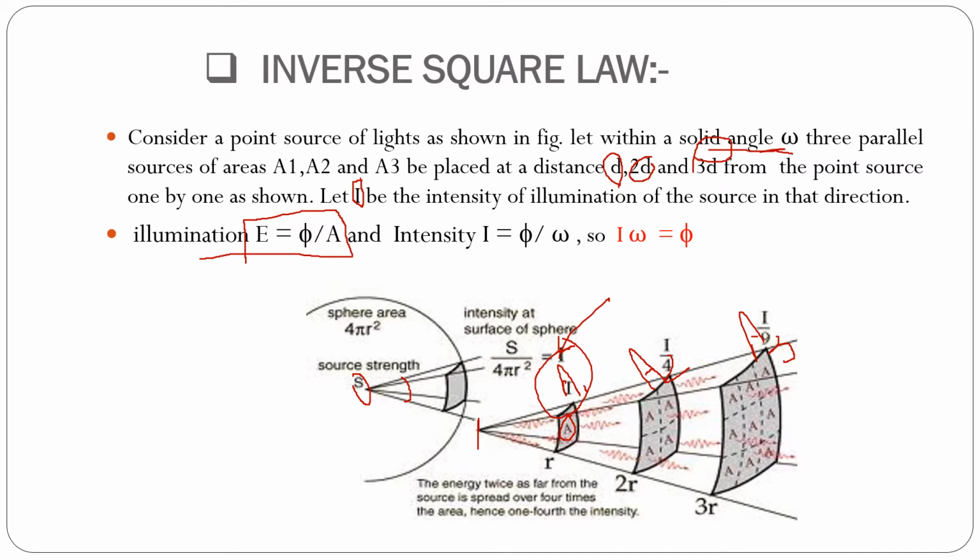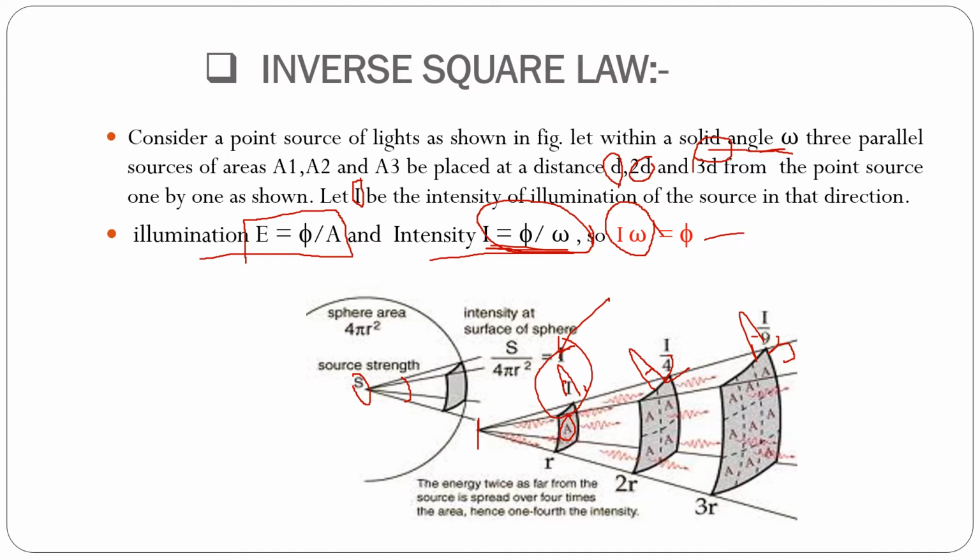Now intensity has another definition. Illumination is flux by area; intensity is flux upon solid angle. So we consider that I omega is equal to phi.